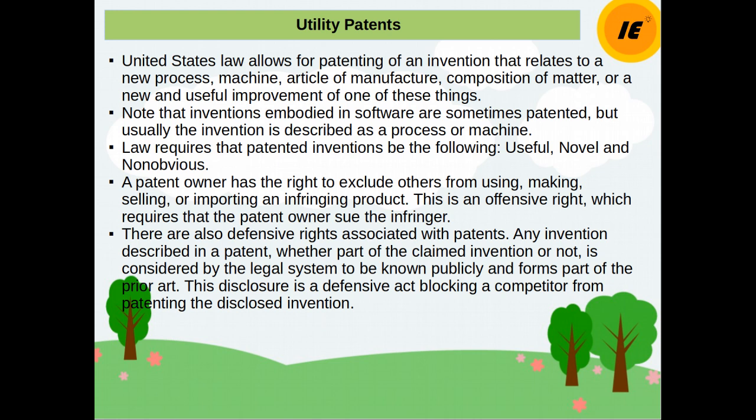Now, what are those? Usefulness naturally means the patented invention must be useful to someone in some context. Novelty means novel inventions are those that are not known publicly and therefore are not evident in existing products, publications, and prior patents. The definition of novelty relates to disclosure of the actual invention to be patented as well. In the United States, an invention to be patented must not have been revealed to the public more than a year before the patent is filed.